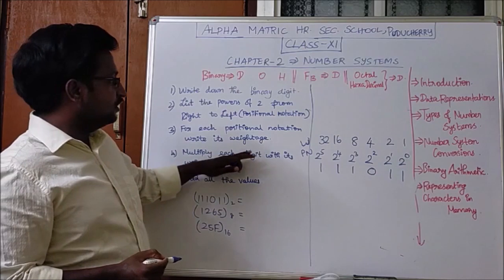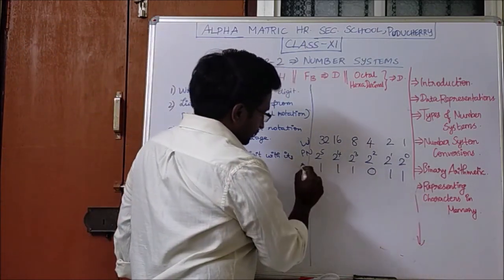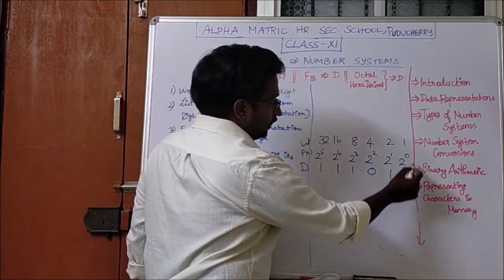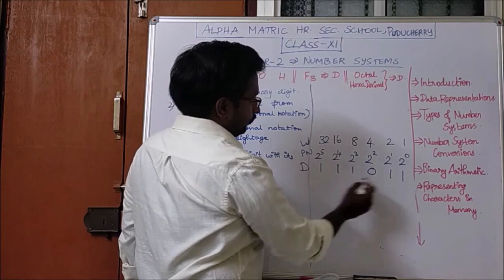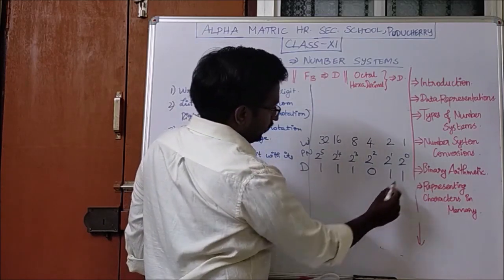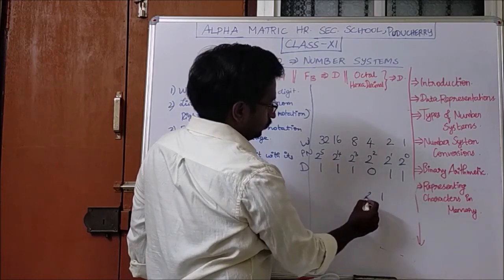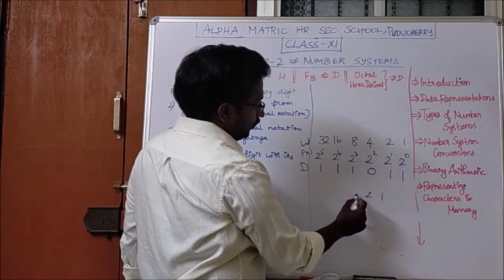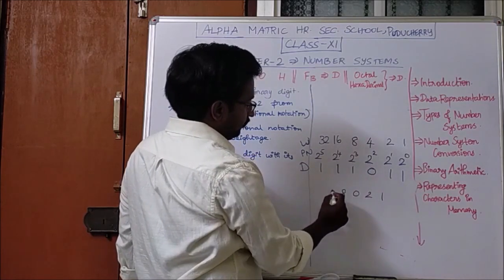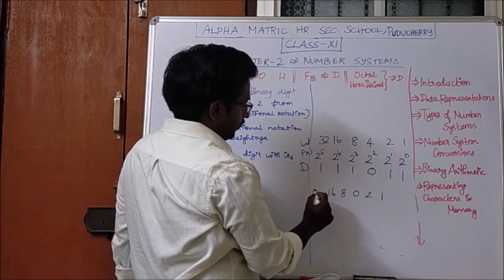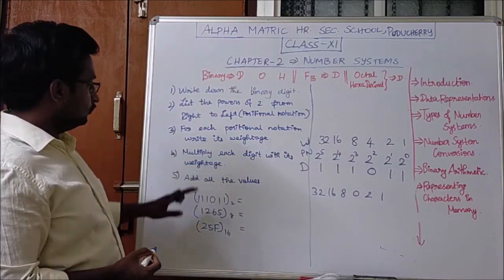Now multiply each digit with its weightage. These are the digits, so we have to multiply each digit with its corresponding weightage. First 1 into 1, that is 1. 1 into 2, 2. 0 into 4, 0. 1 into 8, 8. 1 into 16, 16. 1 into 32, 32. We have multiplied all the values.